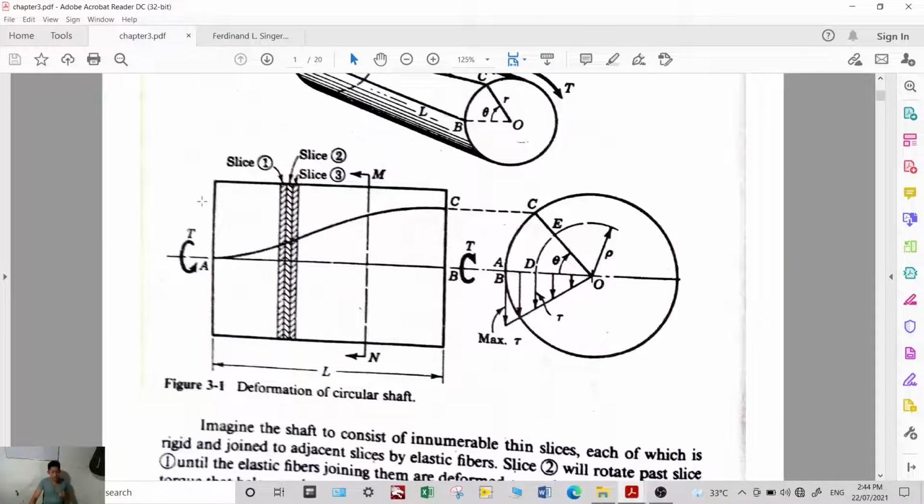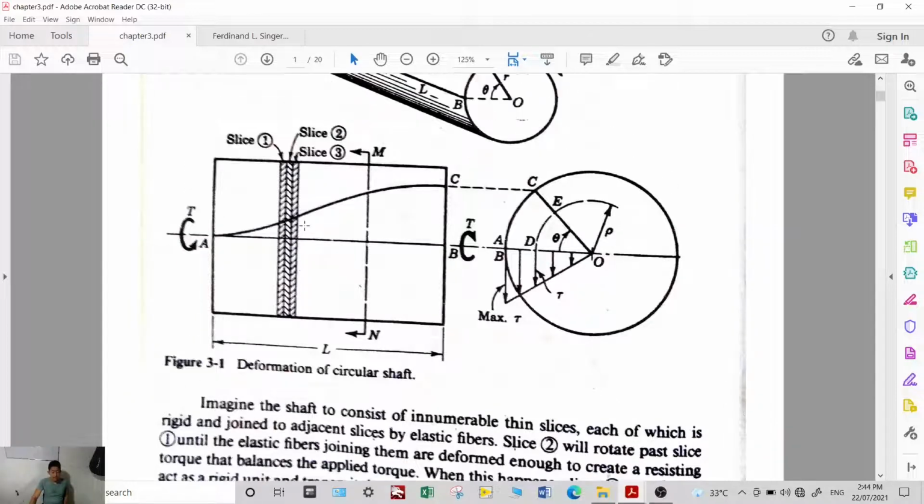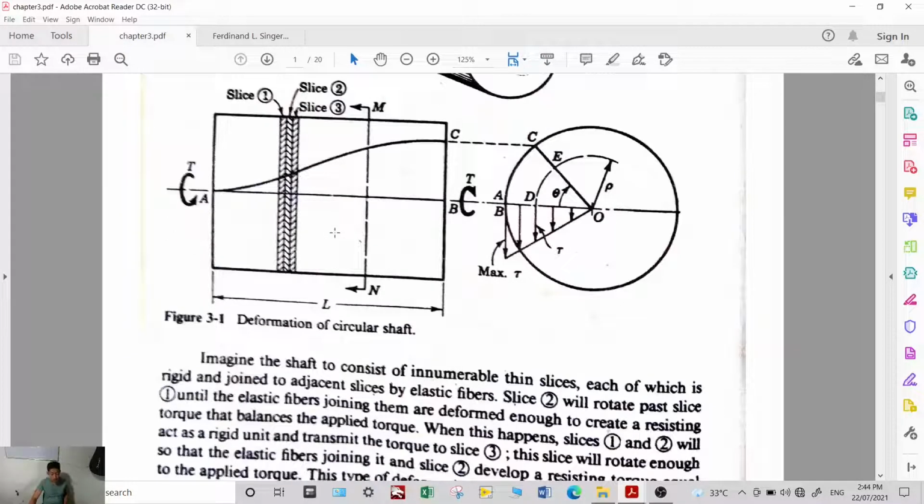First, imagine that your shaft is composed of many slices. For example, slice 1, 2, and 3. Each of which is rigid and joined to adjacent slices by elastic fibers.